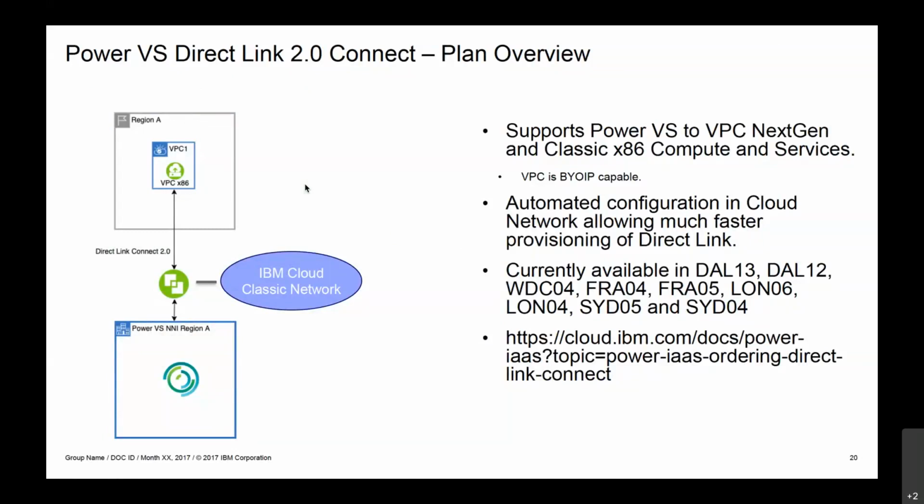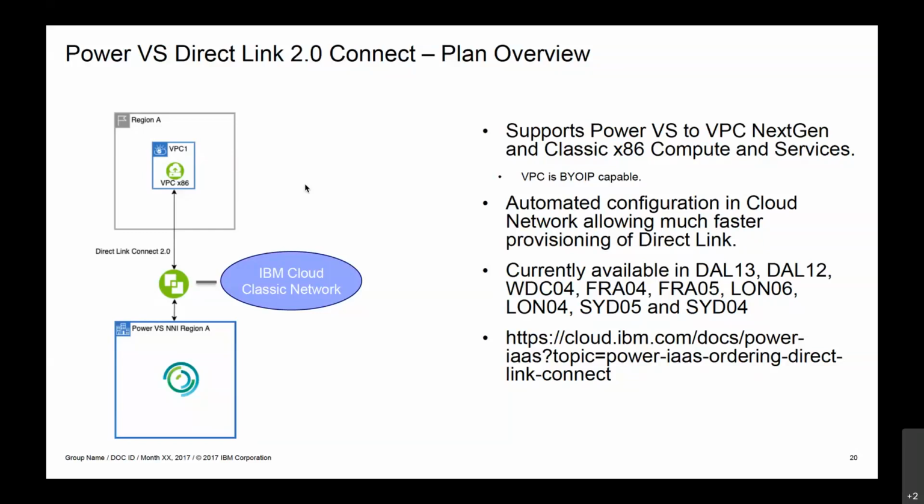Since I've been talking about Direct Link, I did want to mention Direct Link Connect. We are also rolling out, and this is an ever-expanding list of which data centers and which colos have it, Direct Link 2.0. A couple of important characteristics: it allows connections to both IBM Cloud Classic and the Gen 2 VPC. It also allows multiple connections to multiple accounts under the same direct link.